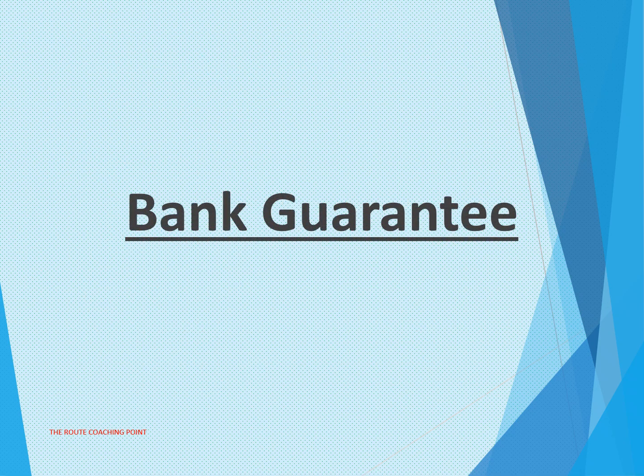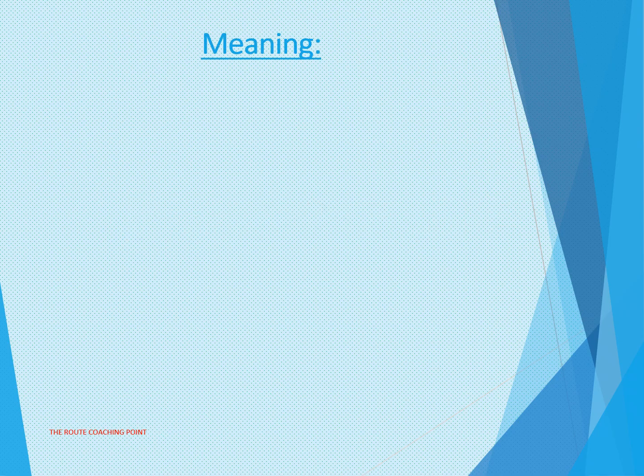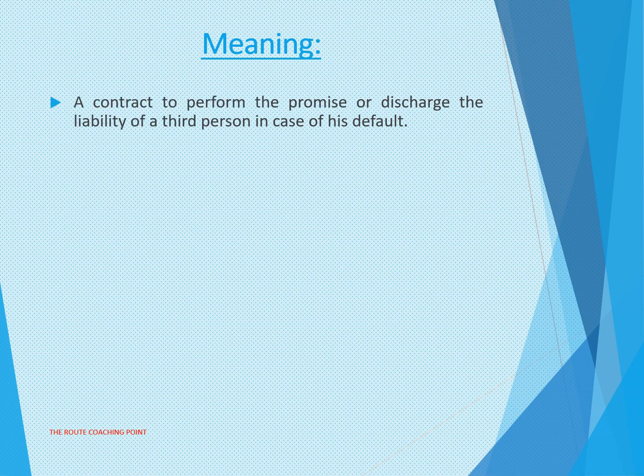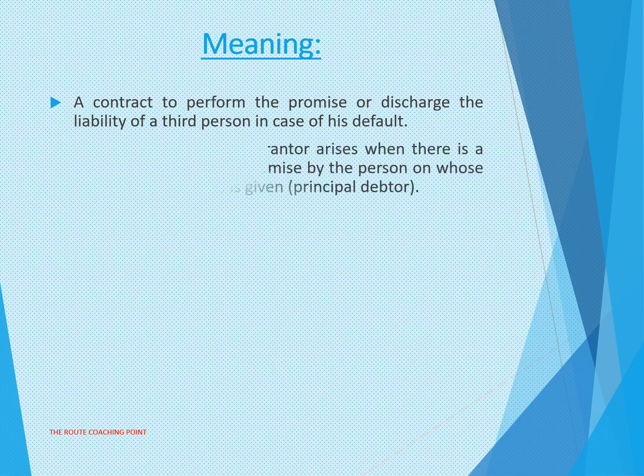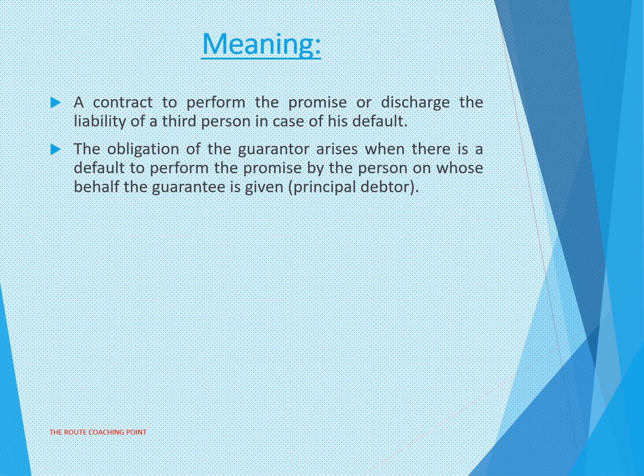Now let's move to bank guarantee. So coming to bank guarantee, a contract to perform the promise or discharge the liability of a third person in case of his default. So in bank guarantee, the bank gives the guarantee on behalf of the applicant to the beneficiary.